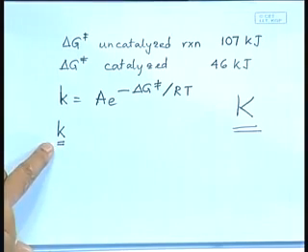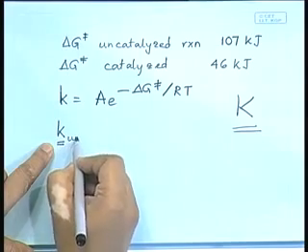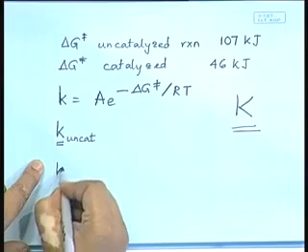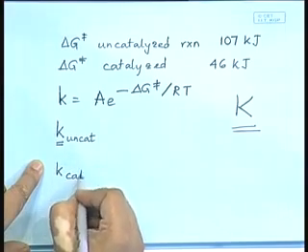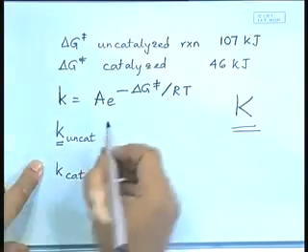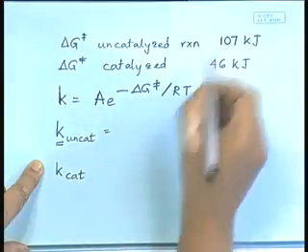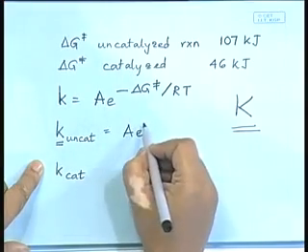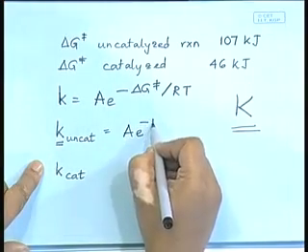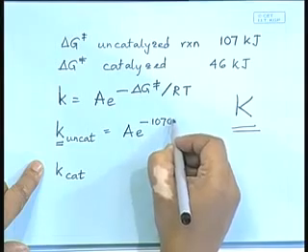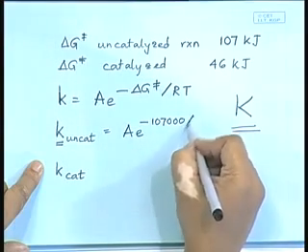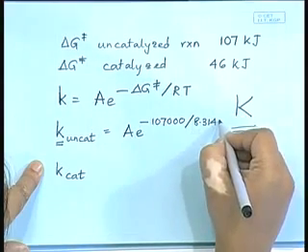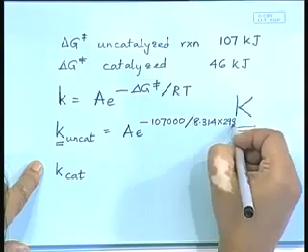So, we have a small k for the uncatalyzed reaction, and I have a small k for the catalyzed reaction. How do I determine it? All I have to do is plug in the values here, if we consider the pre-exponential factor A to be the same. I have to be careful about units here: kilojoules, R is 8.314, and by default we usually use 298.